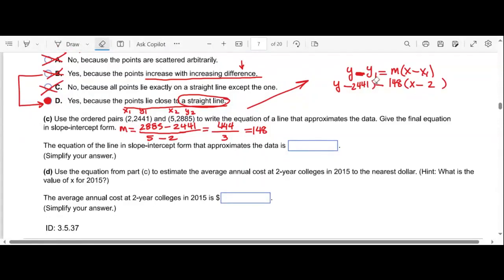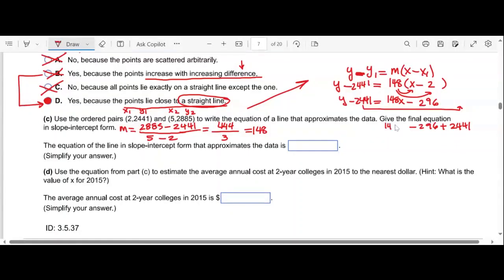Okay. Let me just remove this. Now we're going to distribute 148 times x minus 2. So 148x minus 2 times 148 is 296. And you have y minus 2441. You move this to the other side, so you get negative 296 plus 2441.